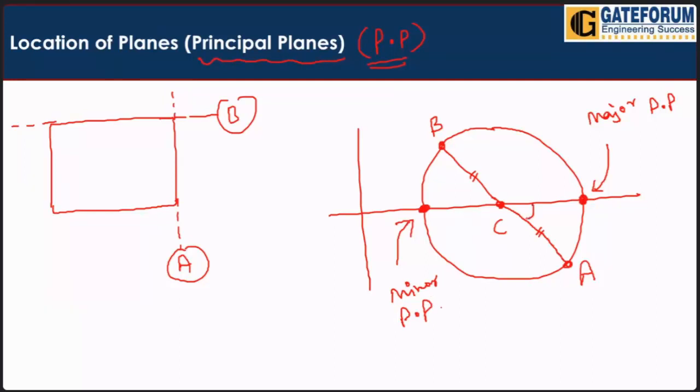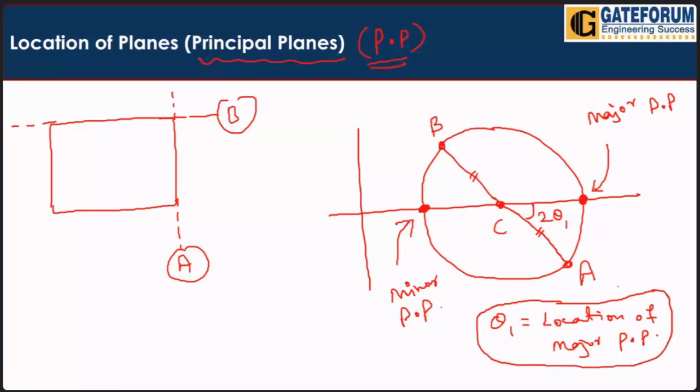So if you find these two values, suppose you get the value 2 theta 1, then theta 1 will be the location of the major principal plane. And if somebody asks what is the location of theta 2, theta 2 is nothing but theta 1 plus 90, which will be the location of the minor principal plane.